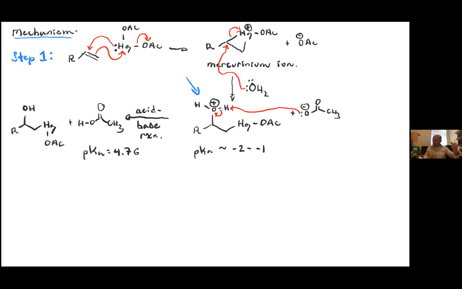So you make your organomercury intermediate. As I said, you don't want the mercury in there. We want to get rid of it. And so step two is going to be treatment with borohydride.